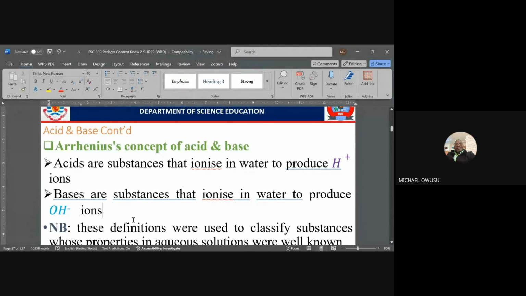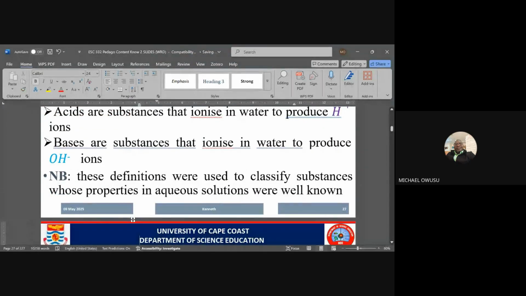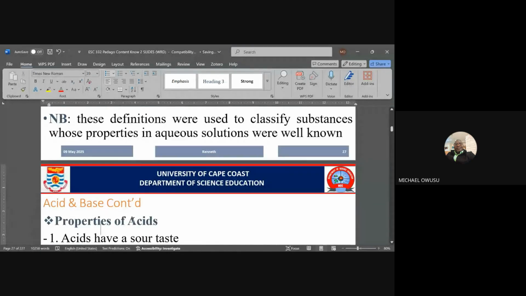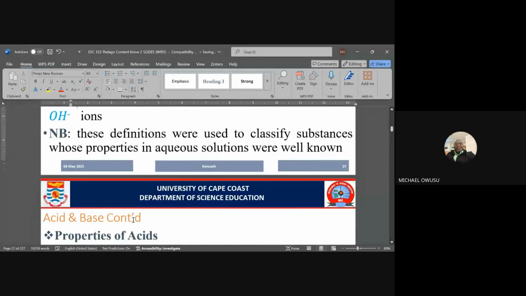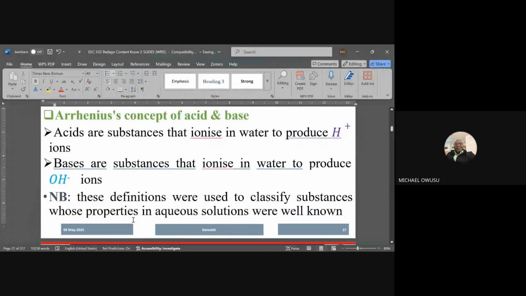These definitions were used to classify substances whose properties in aqueous solutions were well known. So it's not any other substance, but for instance water ionizes on its own to produce H plus and OH minus. So water can be seen as an acid, and water can be seen as a base.